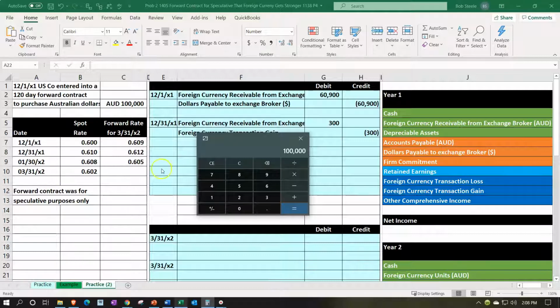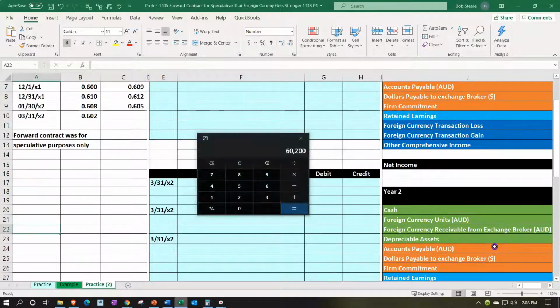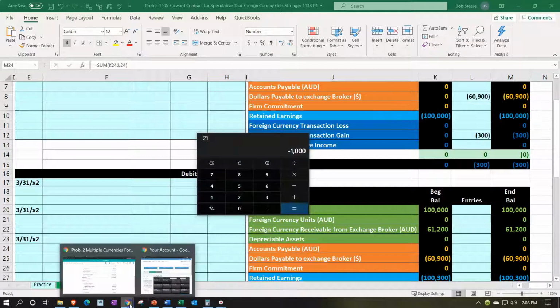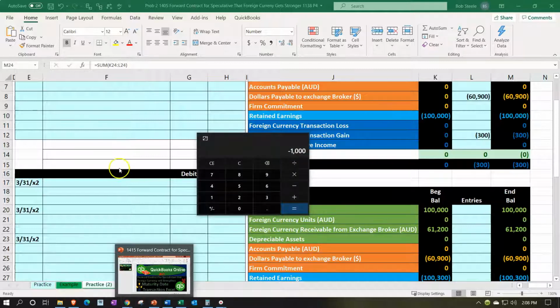So now we're going to use the spot rate. We're going to take this times the spot rate, which in our practice problem is 0.602. So there we got the 60,200. What is currently on the books is this 61.2. So minus the 61.2, that means we have $1,000, and this is actually a loss. So now the contract does not look as good anymore.